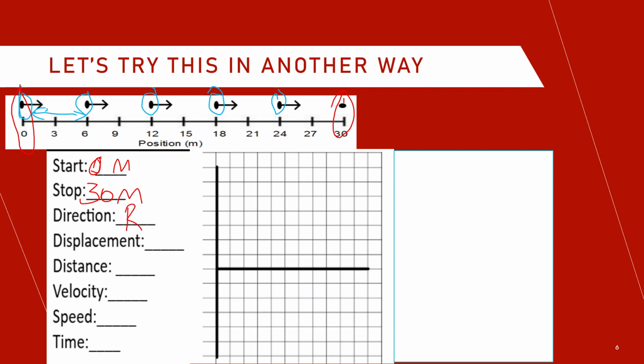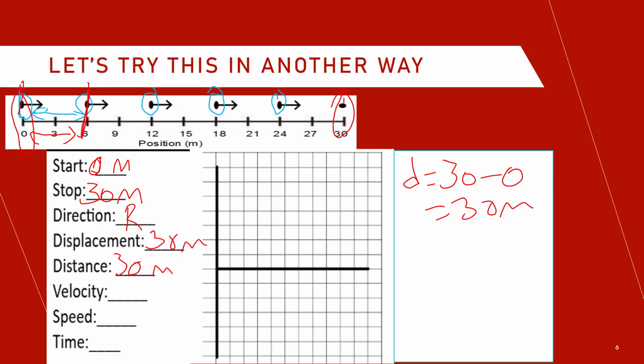My displacement is final minus initial, which is equal to 30 meters. And it covered 30 meters. The velocity is actually the size between each second, which is, if we look over here, the size between this point and this point.